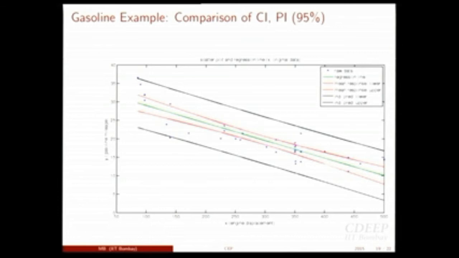You can use this for prediction. If I were to do an experiment at 500, the average will be somewhere between these red lines, but the individual value could be anywhere in this range. So it actually gives you how accurate your predictions will be by looking at these widths.